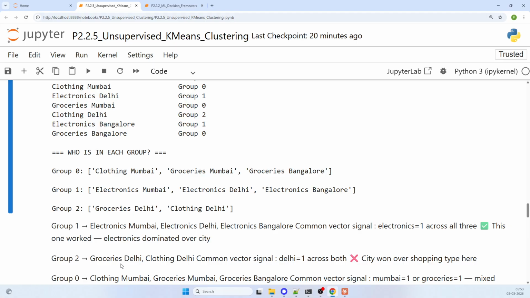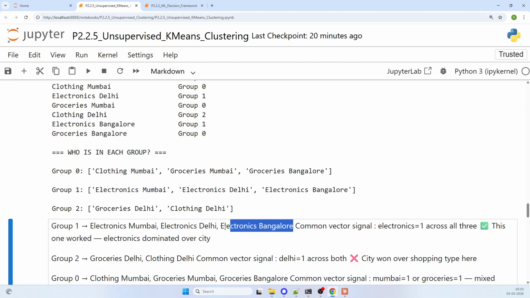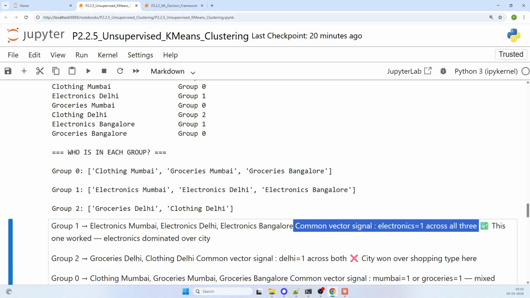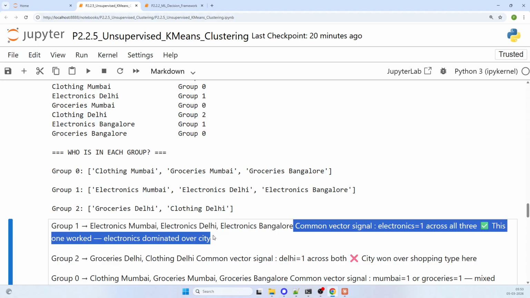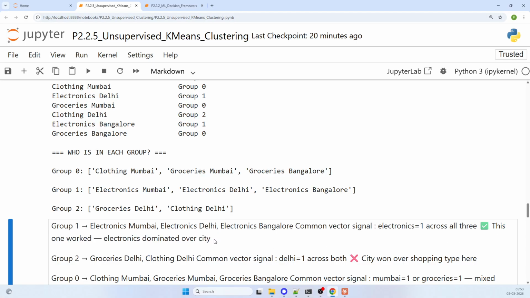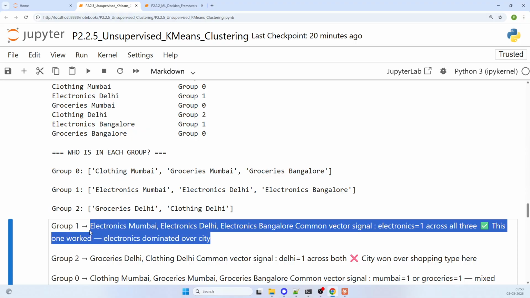In group 1 I have electronics Mumbai, electronics Delhi, electronics Bangalore. What is the common word? Electronics is the common word. So the common vector signal is electronics across all 3.